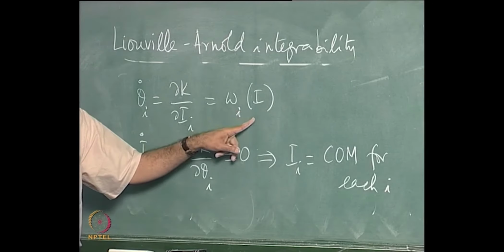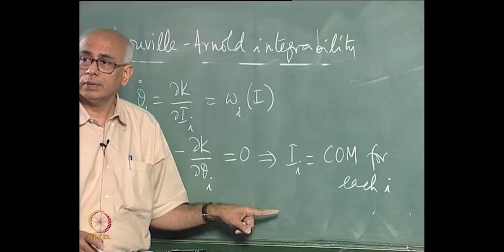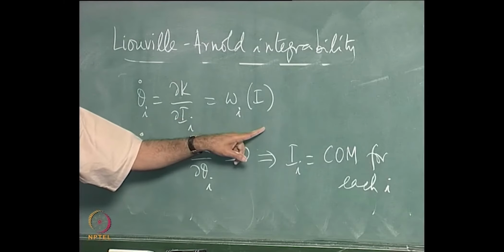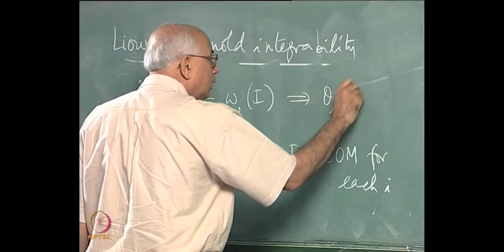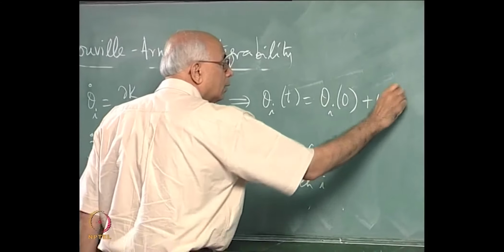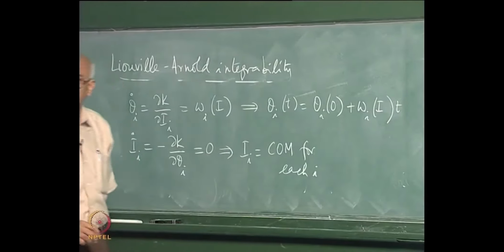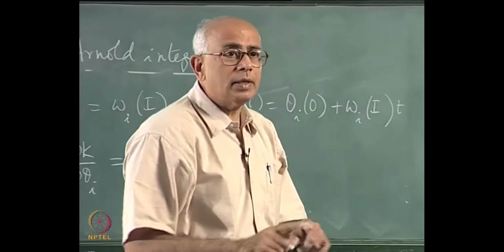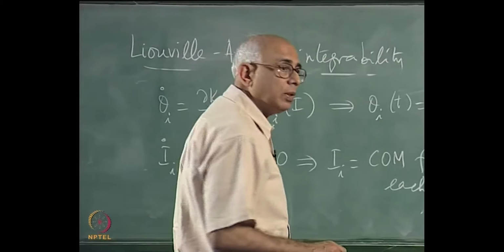But this is now a constant of the motion, because the I's are constant for any given set of initial conditions, and it says the rate of change of any theta is a constant, which implies at once that theta i of t is the initial value plus omega i, which is of course a function of all the action variables, multiplied by t, and therefore you have effected the actual explicit integration of all Hamilton's equations, all the 2n equations have been integrated out completely.